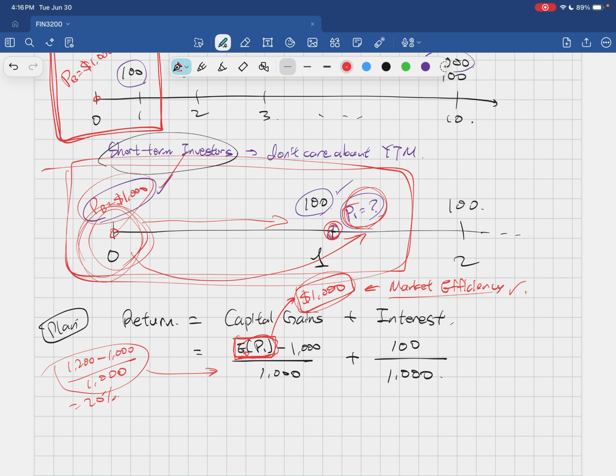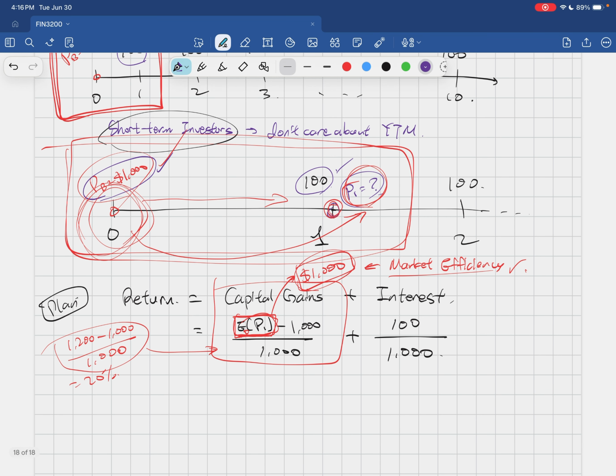So the plan for a short-term bondholder is that the expected capital gains component will be 0, but the interest component is pretty certain, right?